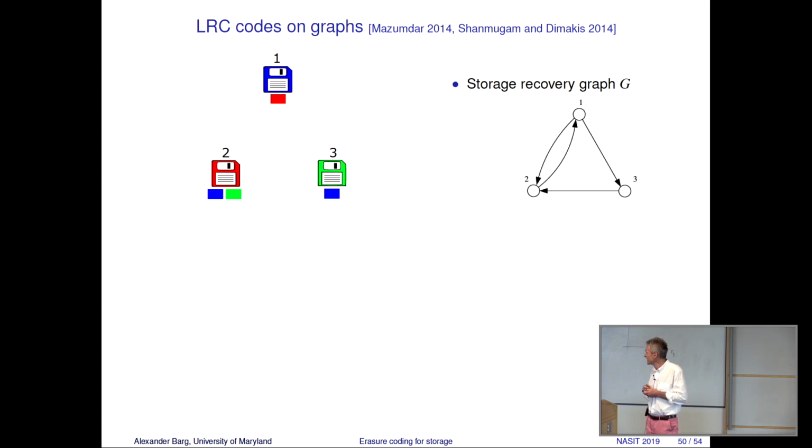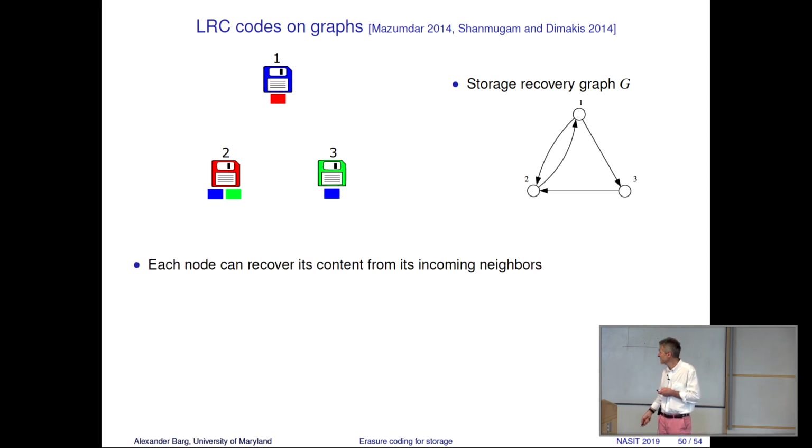Right. So let us say this is a recovery graph. What does this mean? This means that 1 can be repaired from 2, 2 can be repaired from 1, and 3 can be repaired from 1. So this is the connectivity structure. So there are multiple local constraints.